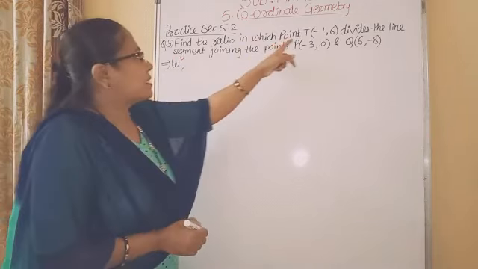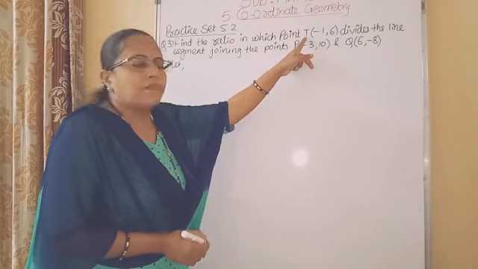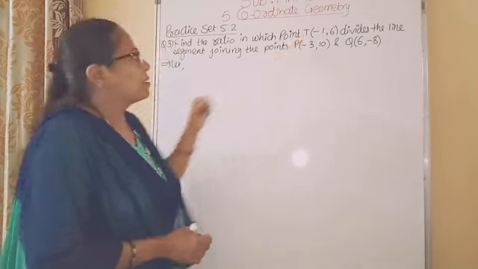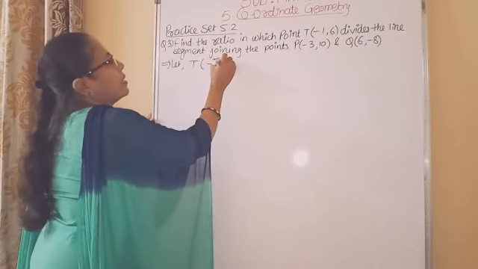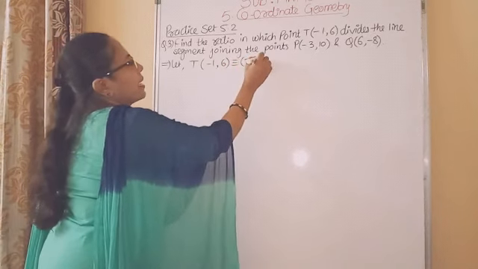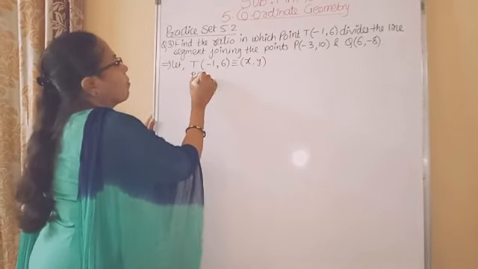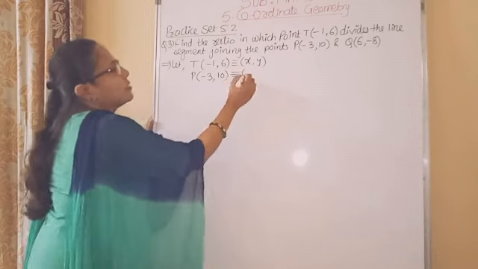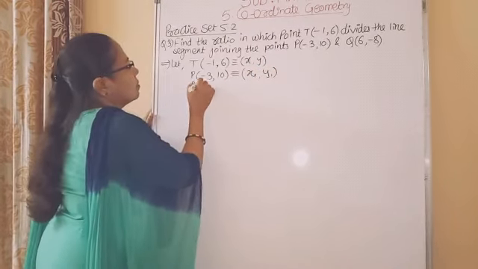Which point divides the segment? T. And as I told you, the point which divides the segment, we assume its coordinates x and y. So coordinates of point T is given (-1, 6). This we assume as x, y. Coordinates of point P (-3, 10), this we assume as x1, y1.